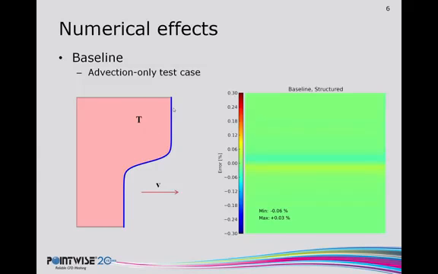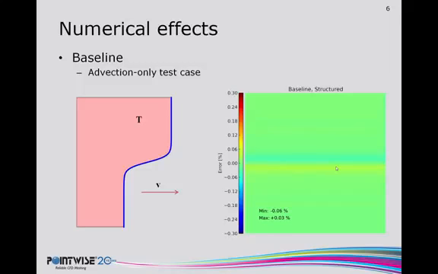Because there is no diffusion in the solver, any sort of deviation from this profile is going to be due entirely to numerical artifacts. Further, because we're just advecting the flow across, we know precisely what the value should be at every point in the mesh.